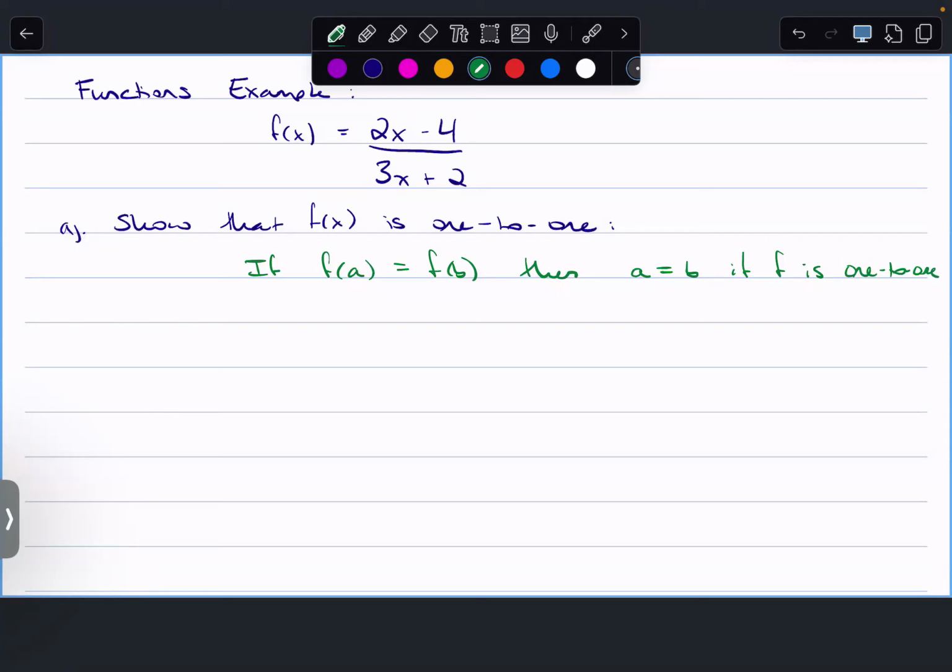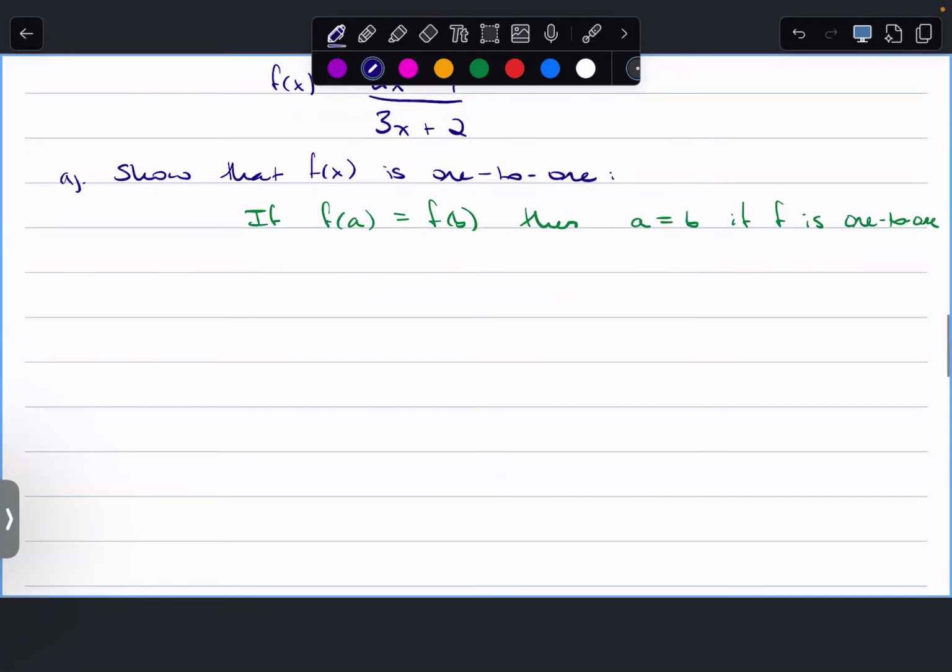So we set the two functions equal to each other, one at f of a and one at f of b, and then we slowly massage this until finally we end up at a equals b, hopefully. And that's how we would show that it's one-to-one.